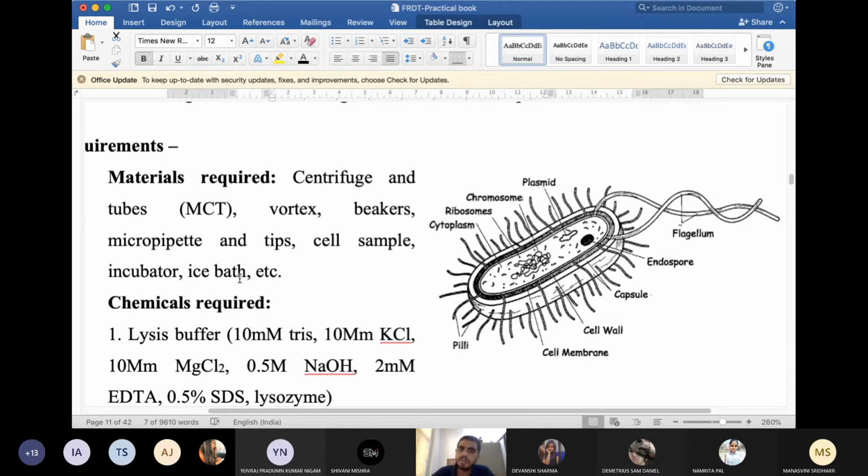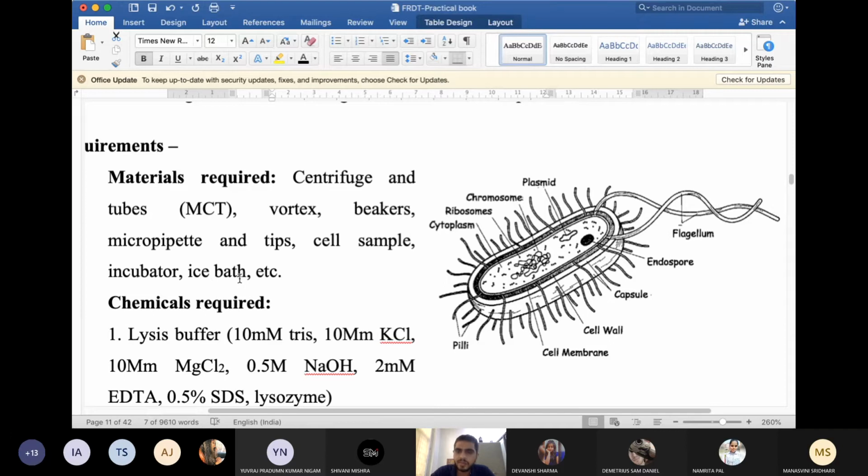Like if you are referring to a bacterial cell, there is no nucleus, so the chromosomes or the genome lie just in the cytoplasm. But the cytoplasm is surrounded by what? First it is surrounded by the cell membrane, and the cell membrane is made up of what?